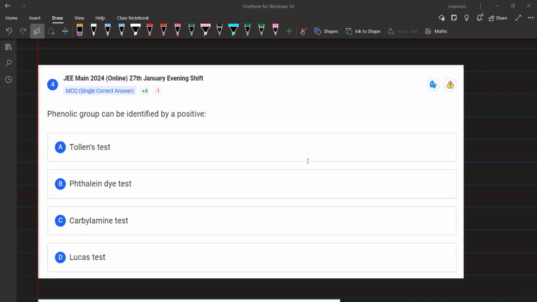See here, guys. Tollens test, it is used for testing of what? It is used for the test of, tell me guys. Tollens test and Fehling test.